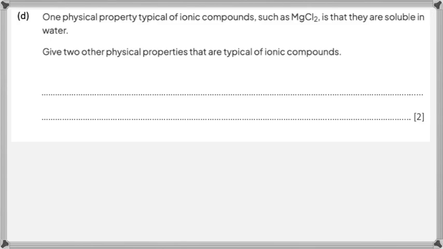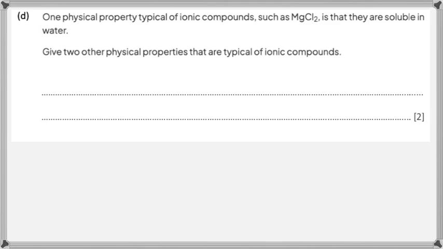And for letter D, one physical property typical of ionic compounds such as magnesium chloride is that they are soluble in water. Give 2 other physical properties that are typical of ionic compounds. So it's like a repeated question from the previous one.